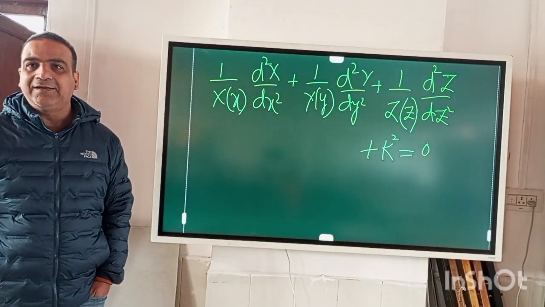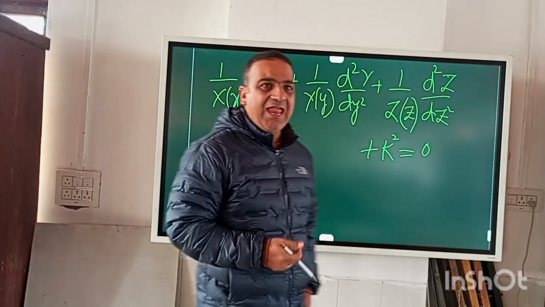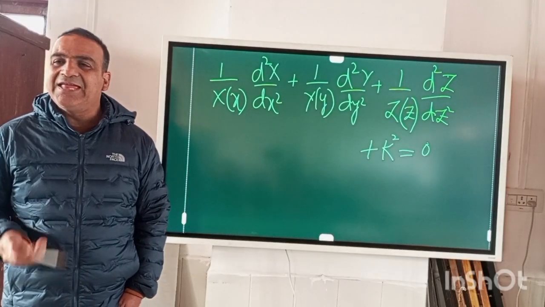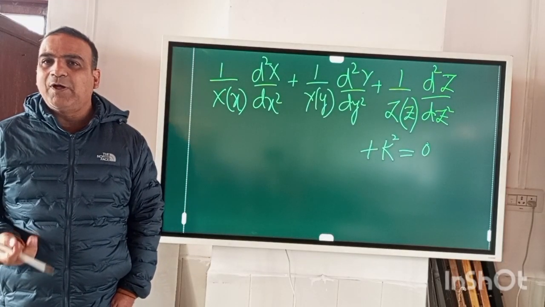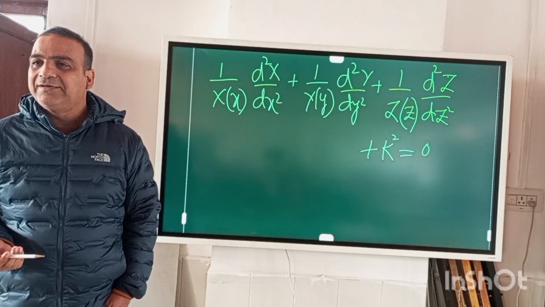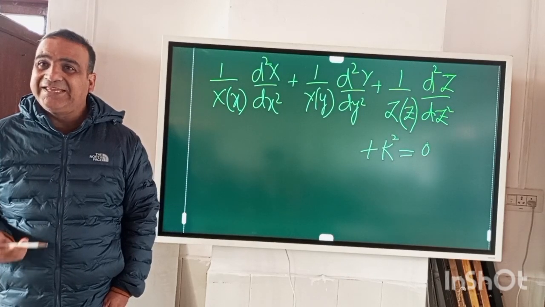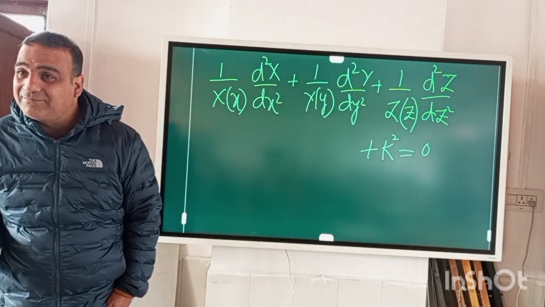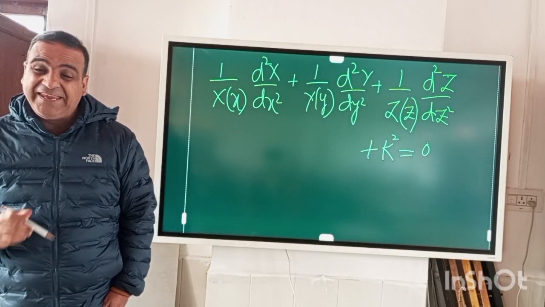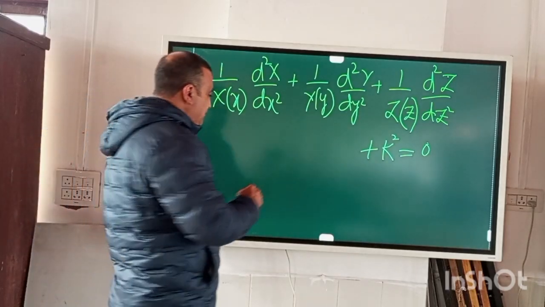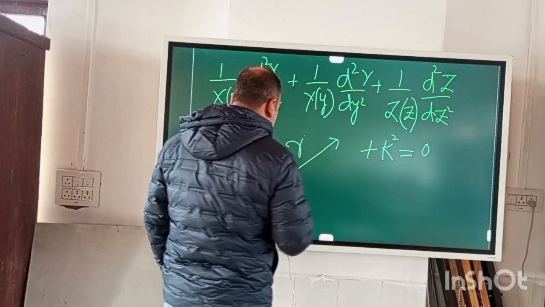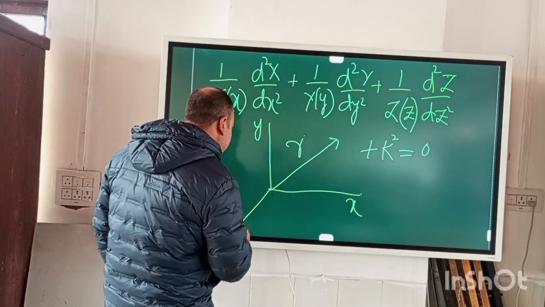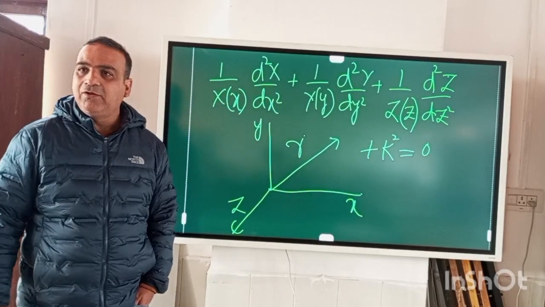Clear? Right. Now what is k? Come on. k is a vector. It's called a wave vector. And k is also equal to 2π/λ. k has a relation with the momentum. Clear? So if k is a vector, suppose I have a vector r in 3 dimensions. This is x, this is y, and this is z. Okay? You have a vector r.